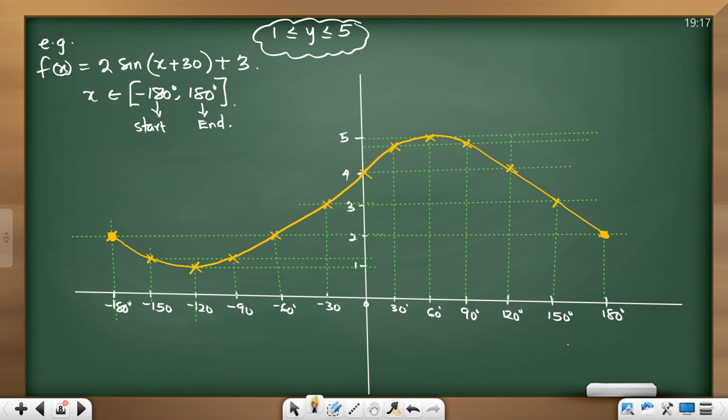Can we calculate amplitude from here? Let's check. What's the formula for amplitude again? Max minus minimum. So can you see we can get our A from the range? What is the max? 5 minus 1 over, what's your answer? 2.